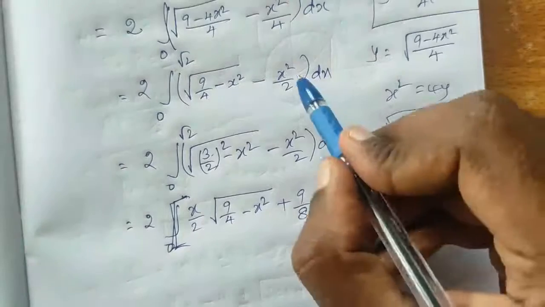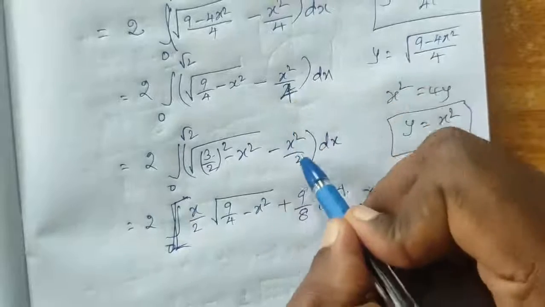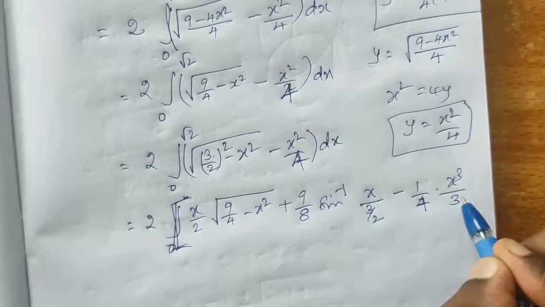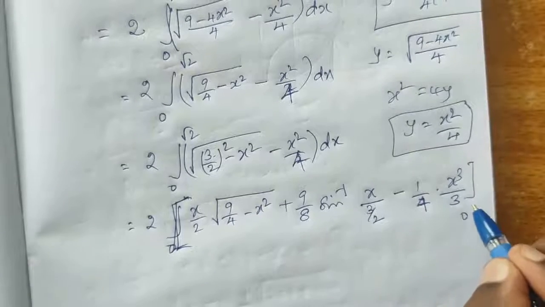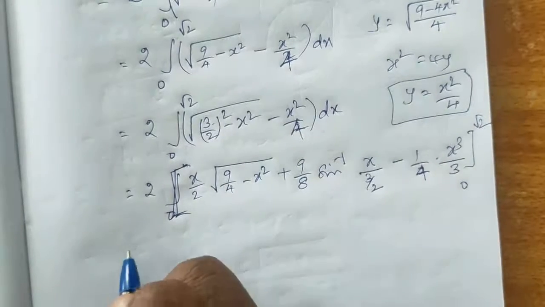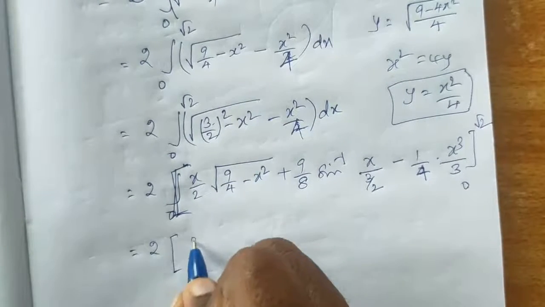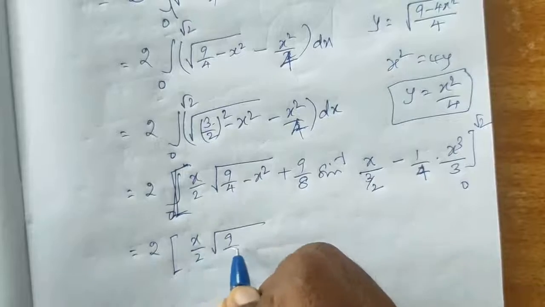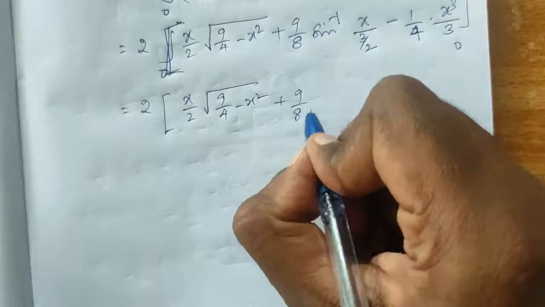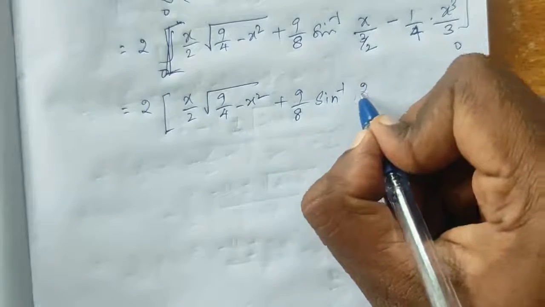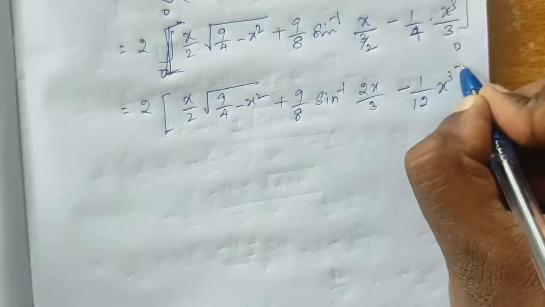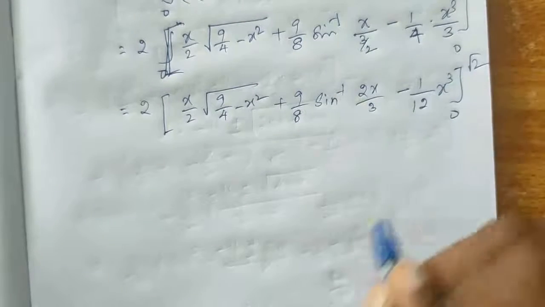I made a mistake, it is x square by 4, so 1 by 4 into x cube by 3, over 0 to root 2. So listen, 2 into [x by 2 into root of 9 by 4 minus x square plus 9 by 8 into sine inverse of 2x by 3 minus 1 by 12 into x cube] over 0 to root 2.